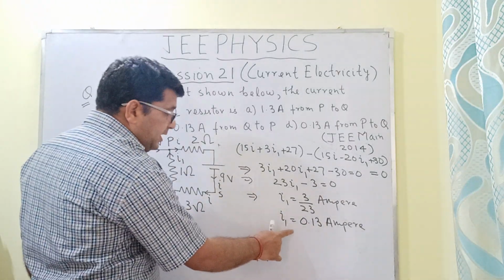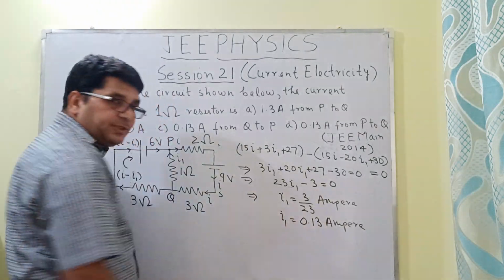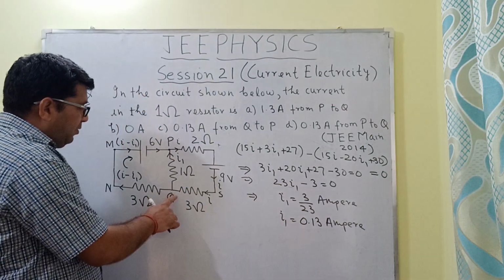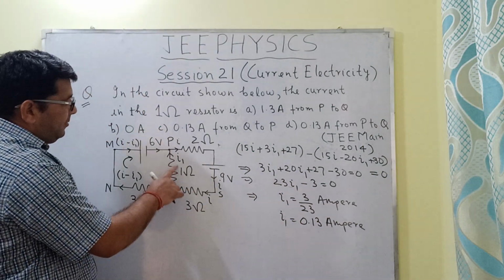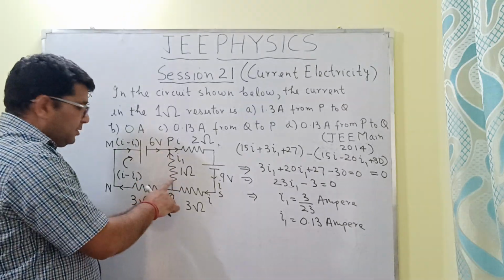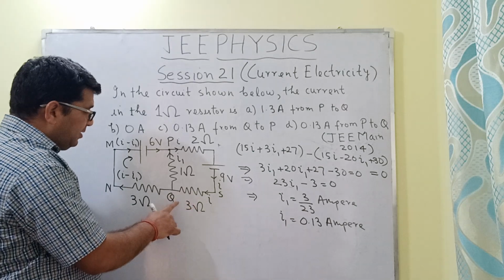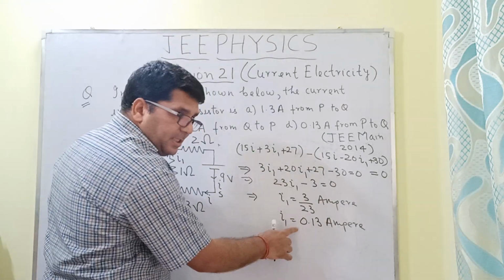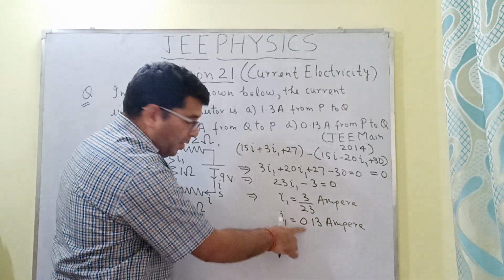Now, since the value of this current is positive, therefore the direction of this current which we have taken as from Q to P will be the same. That is, the direction of the current will be from Q to P, because the value of this current is positive.